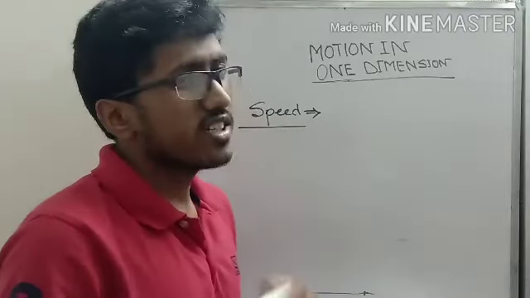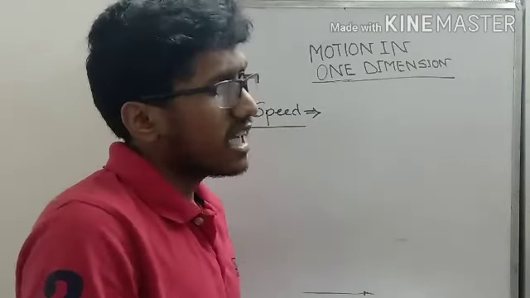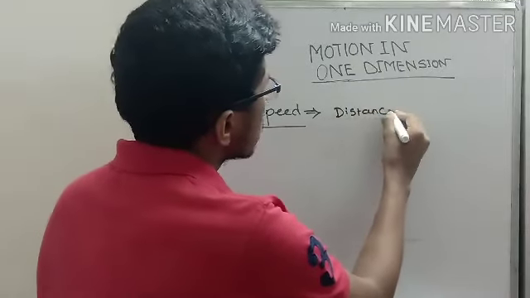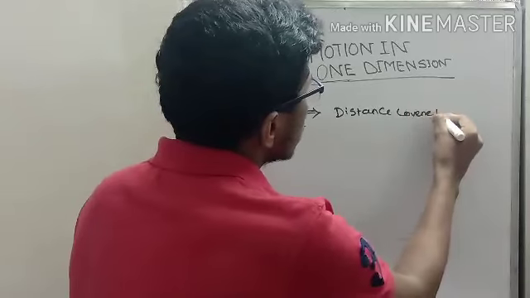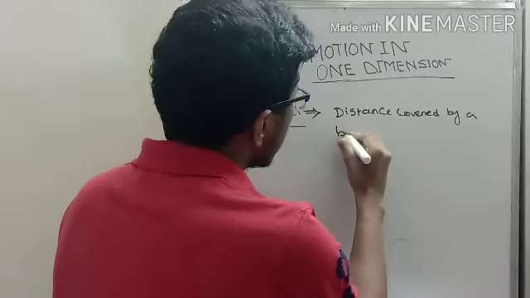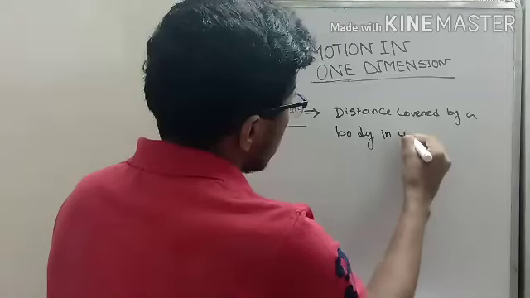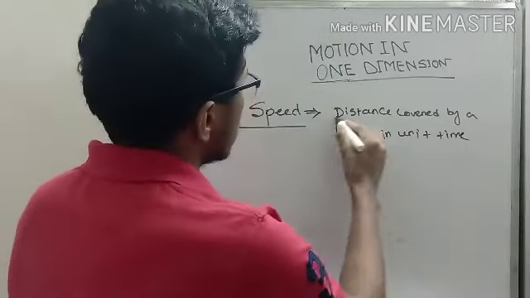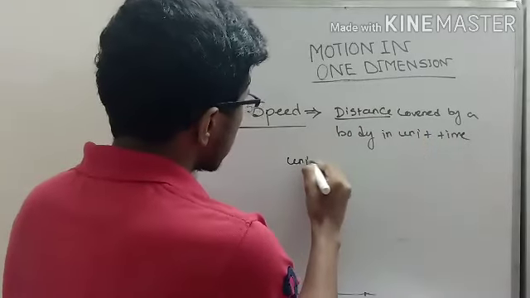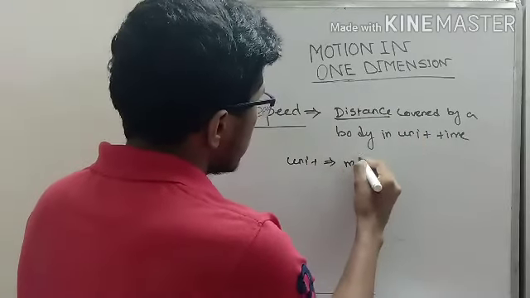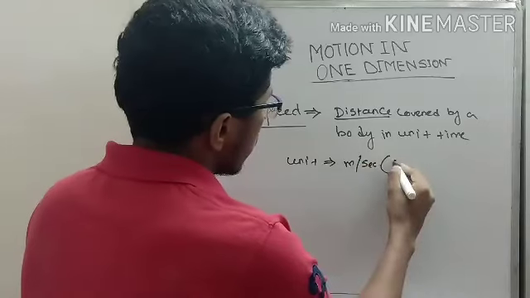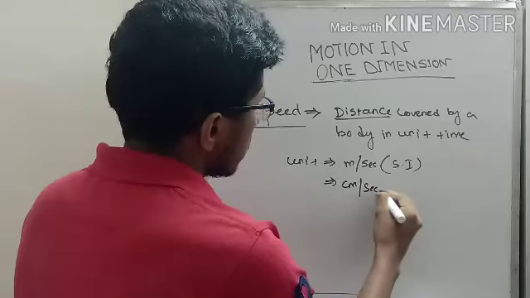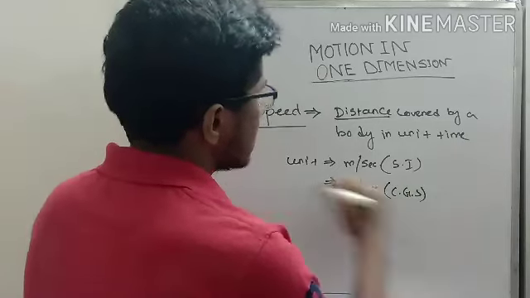The next is speed. What is speed? The distance covered by a body in unit time is called speed. The unit is meter per second for SI and centimeter per second for CGS.